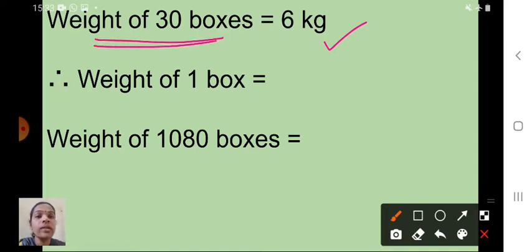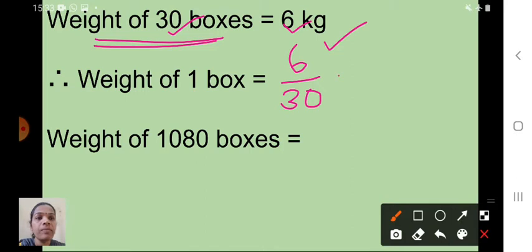Yes. So weight of one box is equal to what will come? We have to find. See here, first one is what? First statement, weight of 30 boxes is equal to 6 kilogram. Weight of one box is equal to, yes, 6 upon 30. Okay, so you have to write this one upon this one. 6 upon 30.